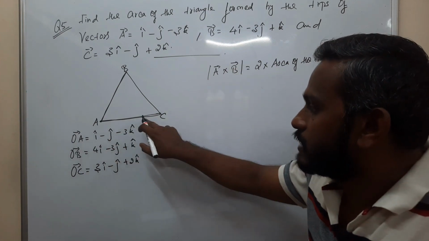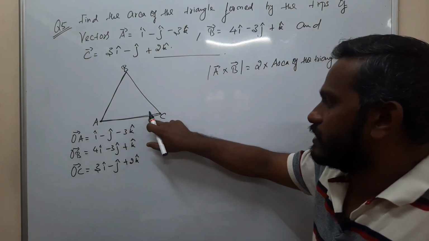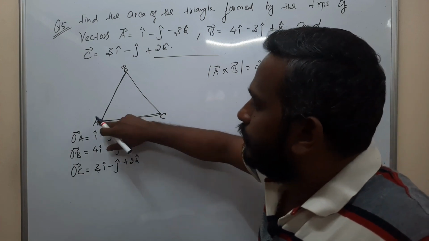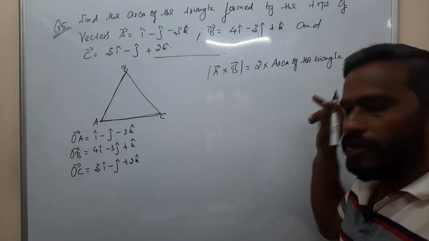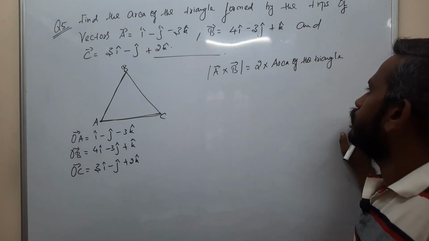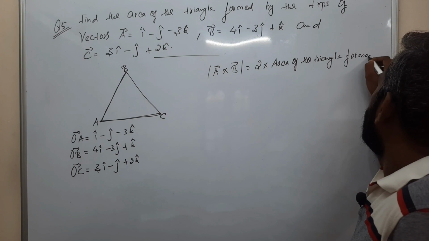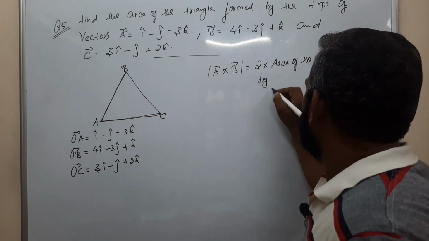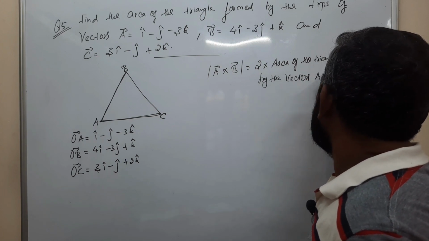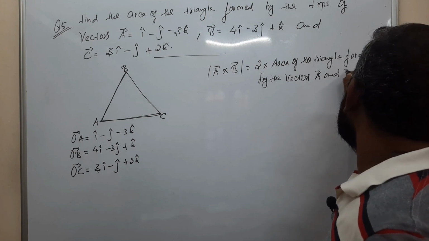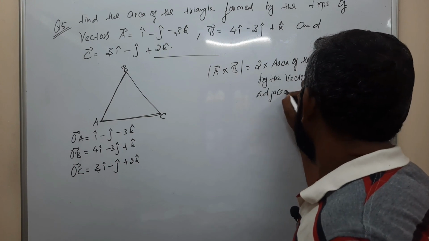Suppose A vector is this side of the triangle and B vector forms this side. Then the magnitude of A vector cross B vector is equal to 2 into the area of the triangle formed by vectors A vector and B vector as its adjacent sides.